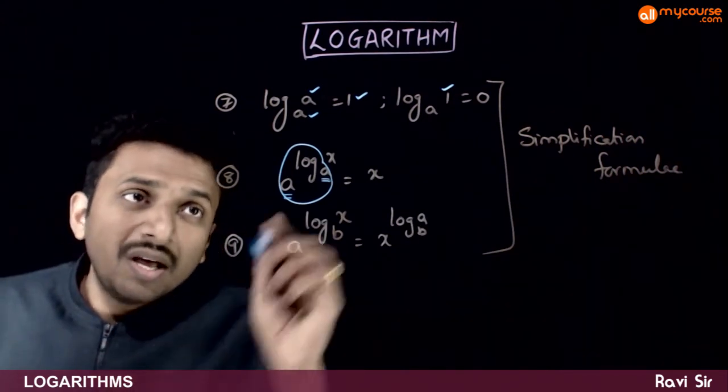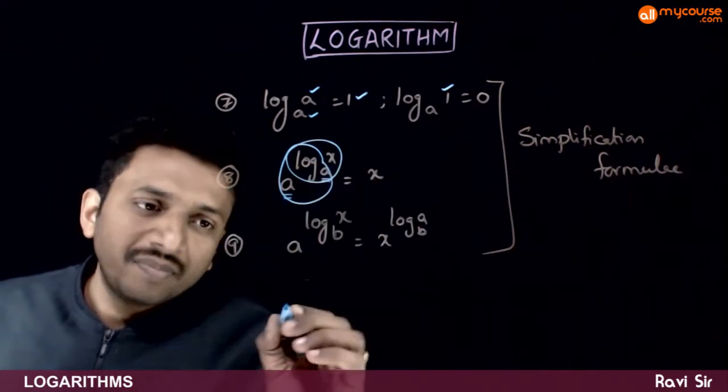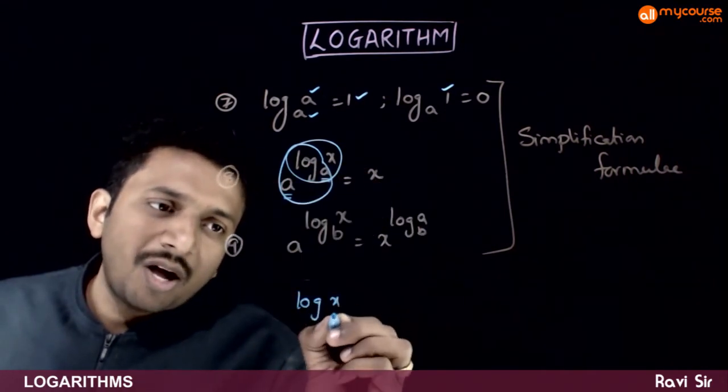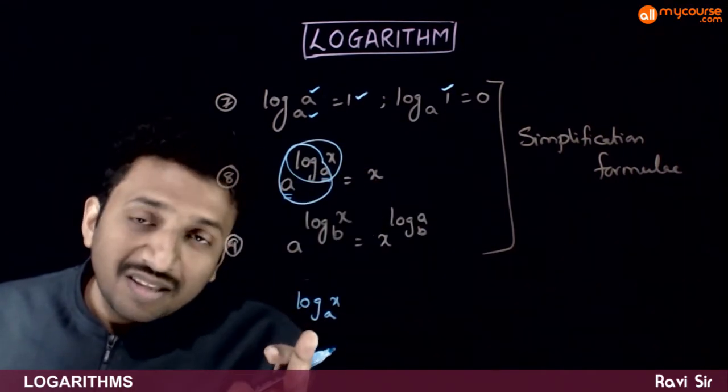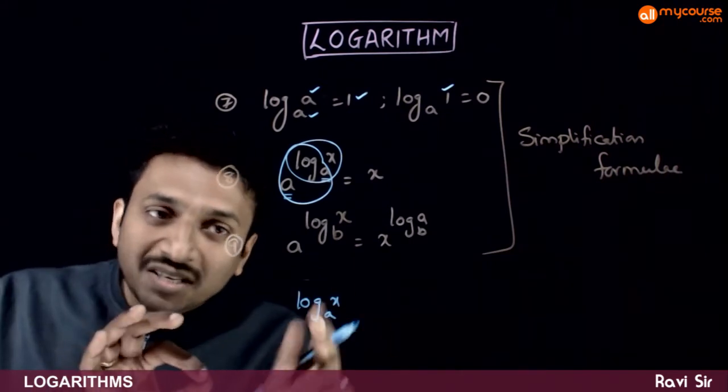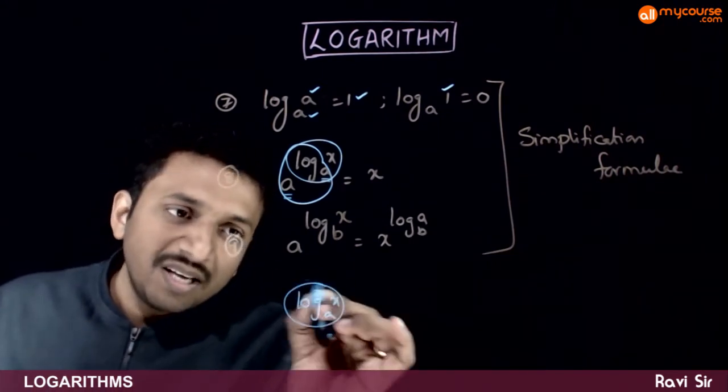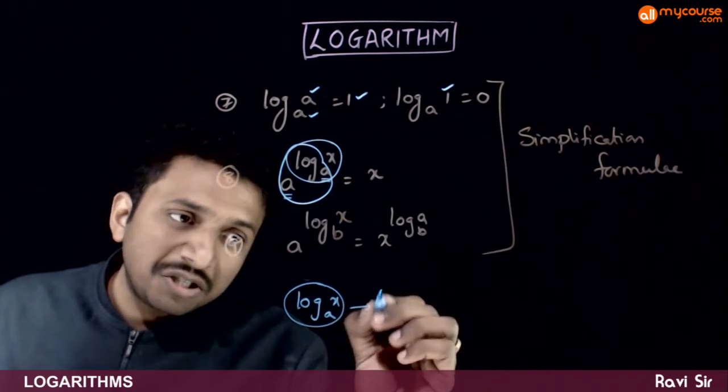So why does this work? What is log x to the base A?